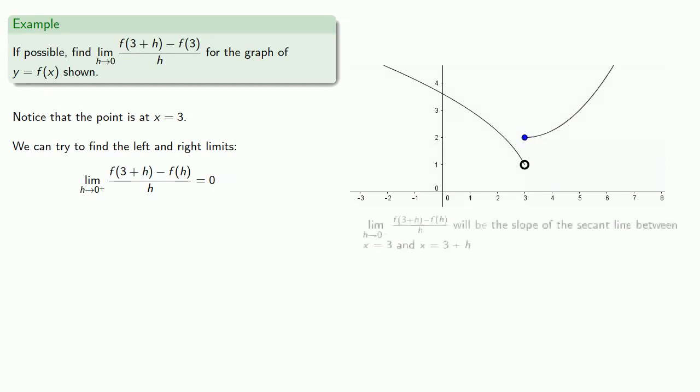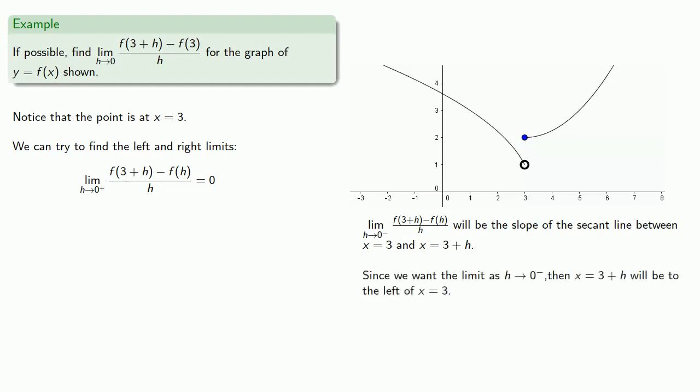Again, the difference quotient is the slope of the secant line between x equals 3 and x equals 3 plus h. Since we want the limit as h goes to 0 from below, then x equal to 3 plus h will actually be to the left of x equals 3.